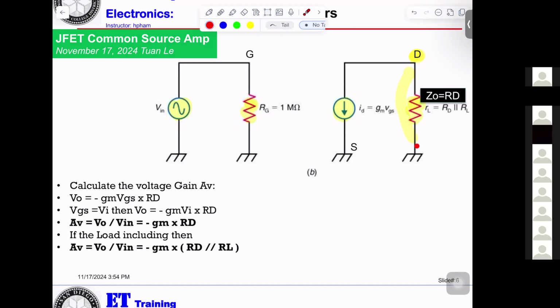So V out will be the current here, Gm times VGS times RD. My question is, how come they say minus Gm?